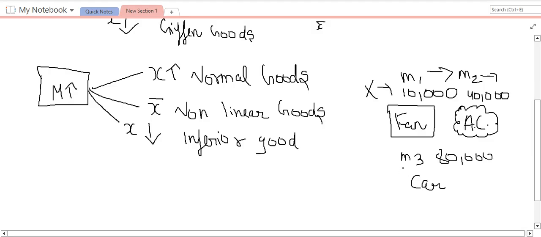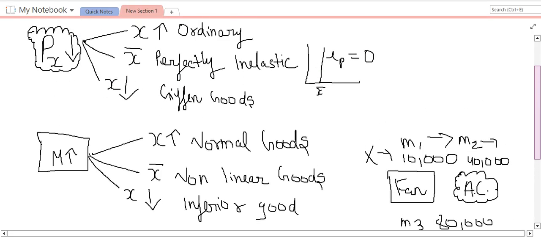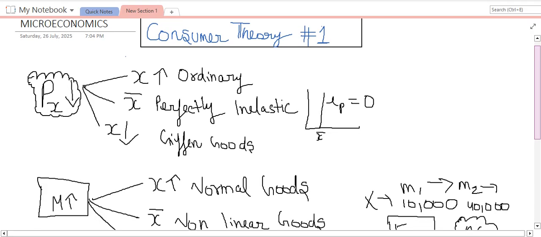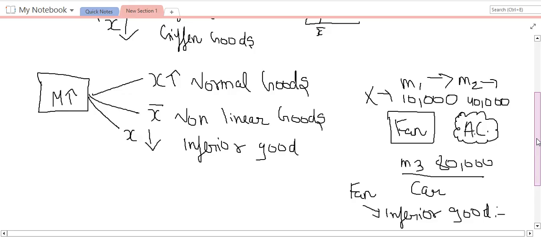So now at this income level, fan is an inferior good for him. So this was one technicality of this. These were two concepts we really need to know about: the changes which operate under a price change and an income change. Okay, let's move to the next concept now.